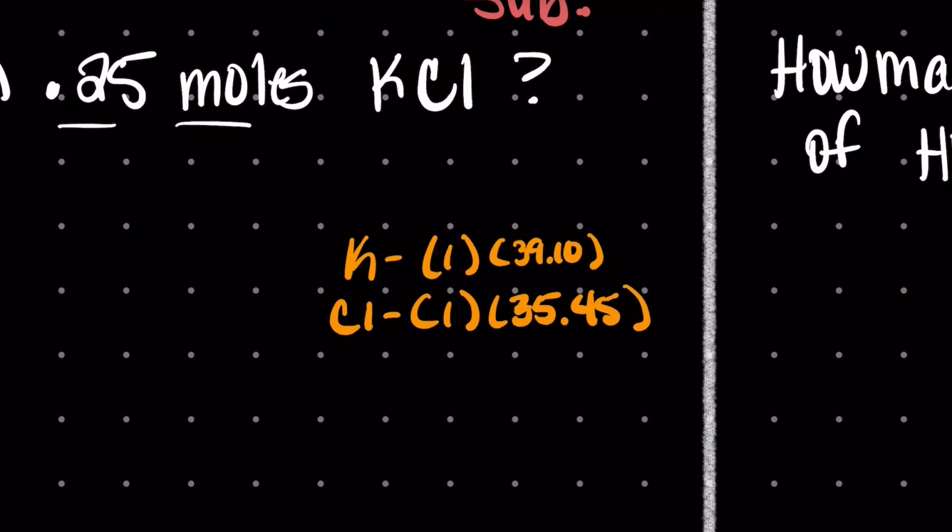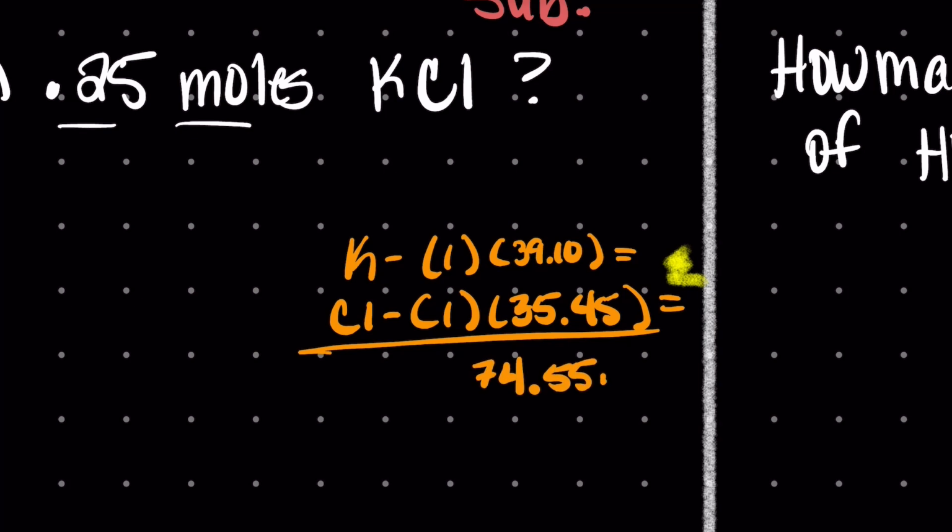Remember, it's that average atomic mass at the bottom of your square. Multiply across, add down. Multiplying by 1 doesn't do me any good here, so I'm just going to add straight down. 74.55 grams per mole here.